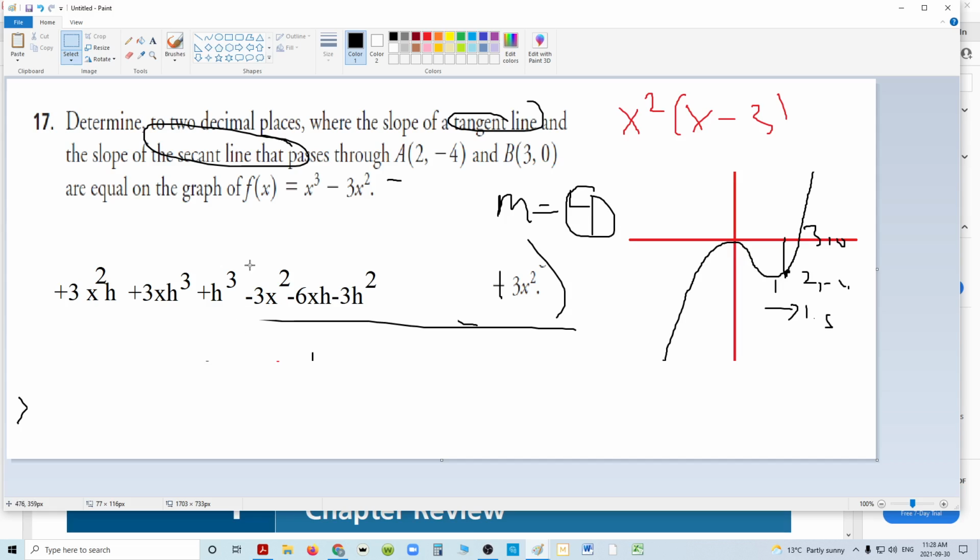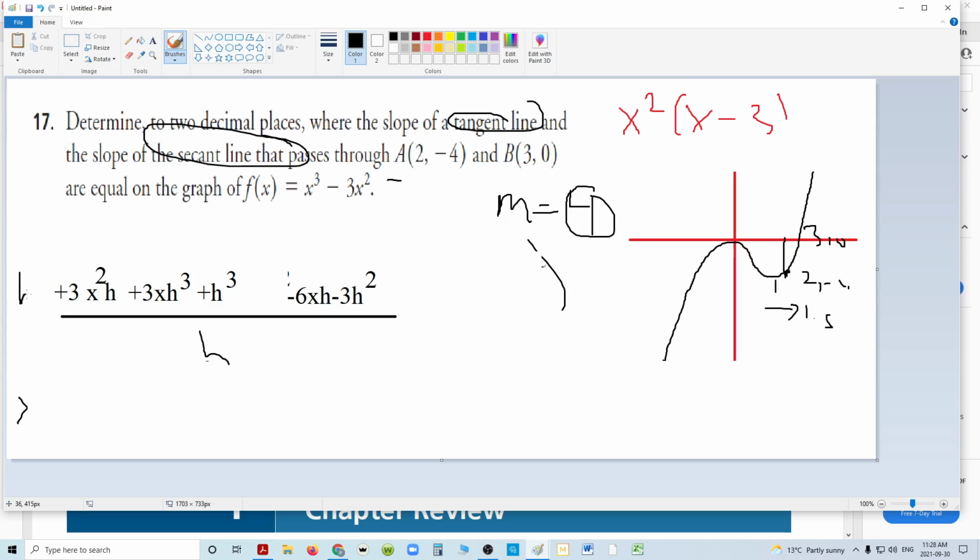I have minus 3x squared plus 3x squared. And I'm left with this, all divided by h. What happens if I factor an h out of the top?